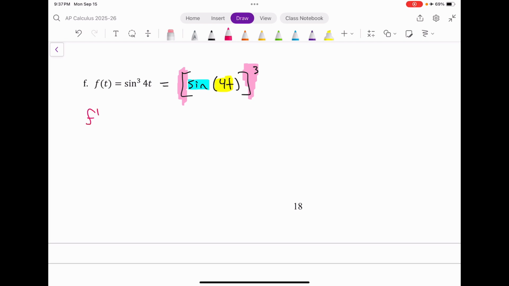So let's do this. So f prime of t would equal 3 times sine of 4t to the second power times the derivative of sine of 4t, so this is cosine of 4t, right, times the derivative of the innermost function, 4t, which is 4. Right, and we do 3 times 4 pretty easily.